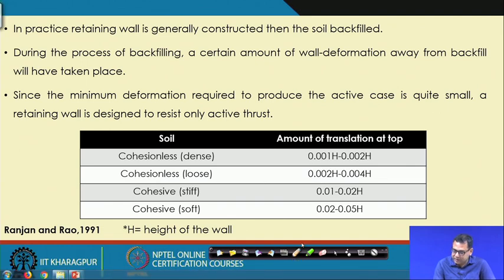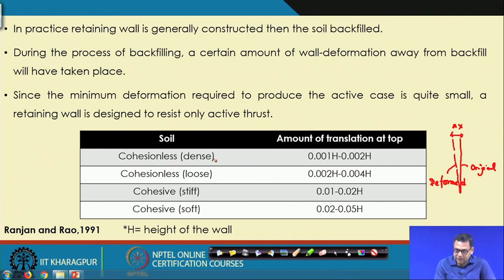You can see the amount of translation at the top. Suppose this is your wall; under the active condition it will deform like this. This is the original position and this is the deformed one. This amount of translation of the top is say delta x.